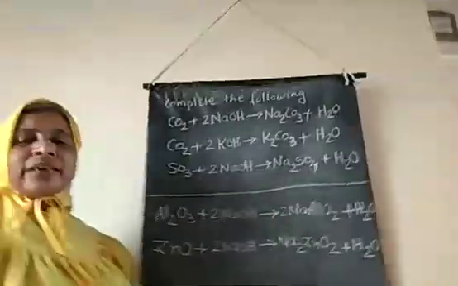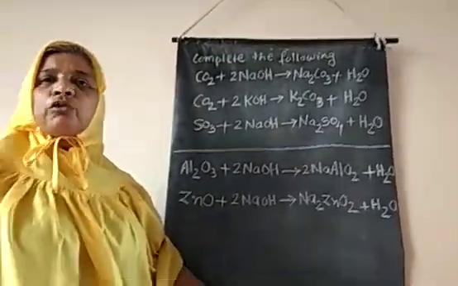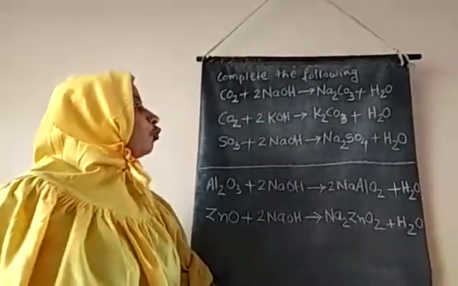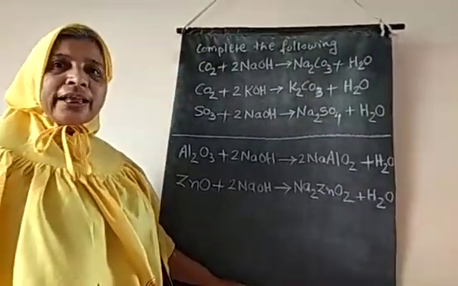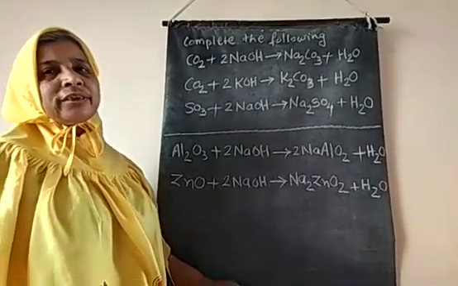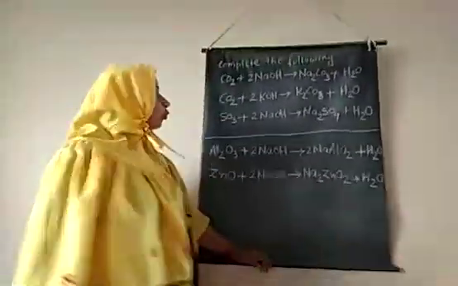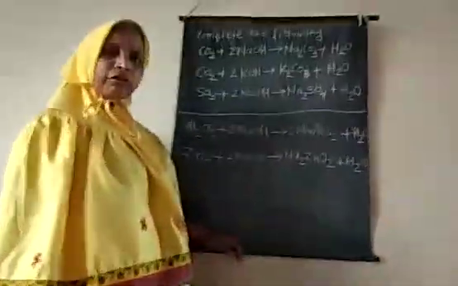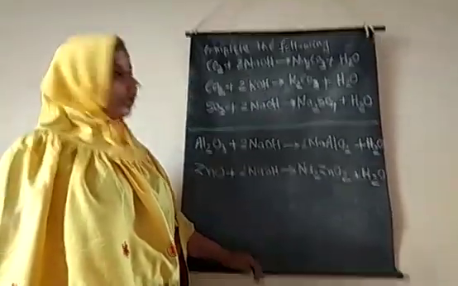How to balance the reactions, that I will explain when the school reopens, because the question is in your mind how these reactions are balanced and completed. So please learn the reactions the way you learn the table. The balancing I will explain when the school reopens. For now, write down the reactions in your classwork notebook and learn all these reactions by heart.